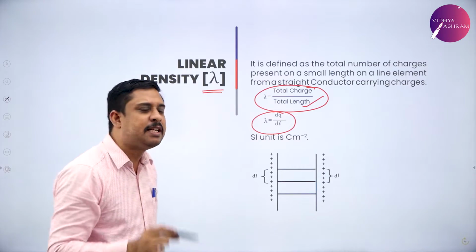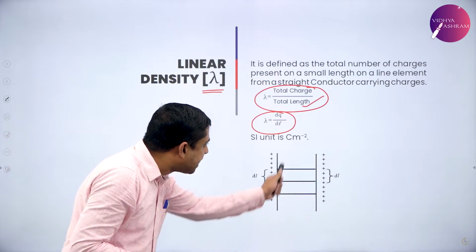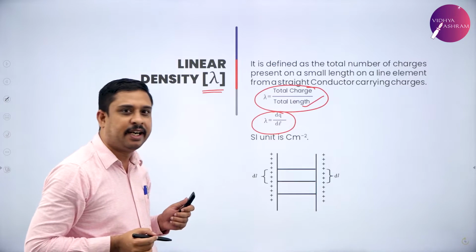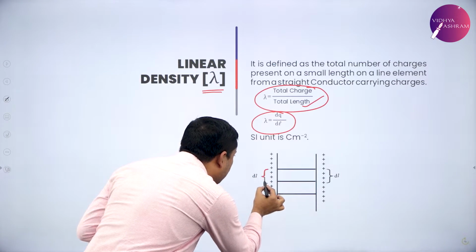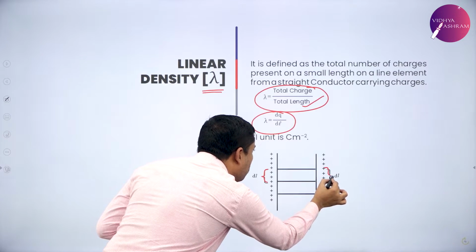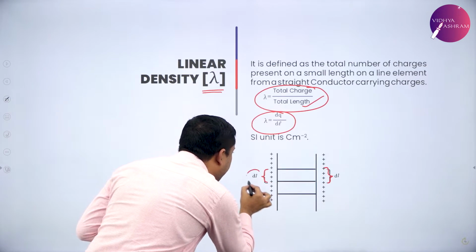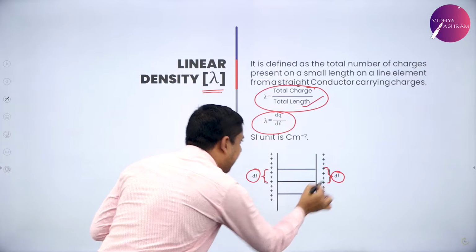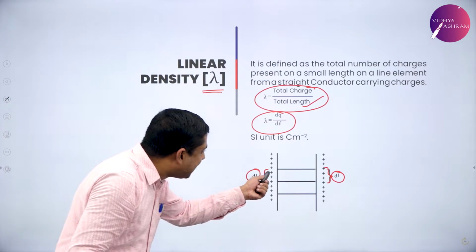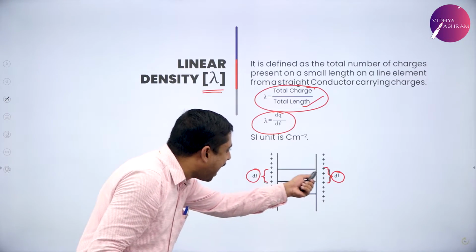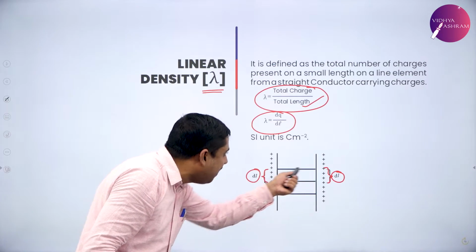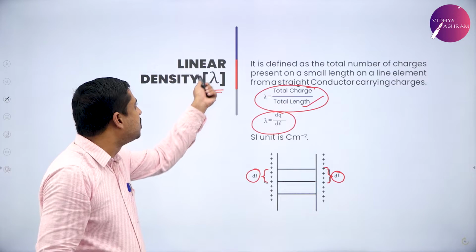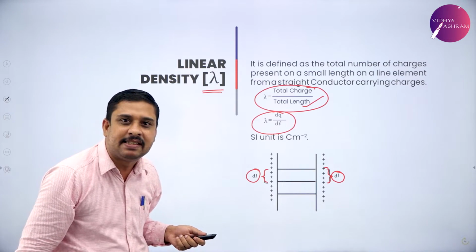And the concept is the same. Straight wire I have considered. A small portion of that wire, a small length of that wire, dl. Then the total number of charges appearing in the small length is what is called linear density.